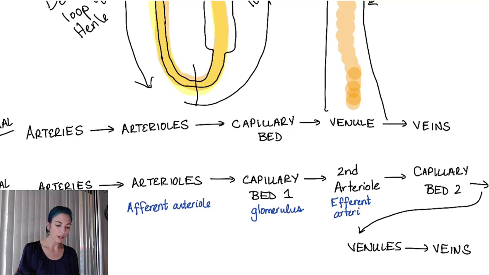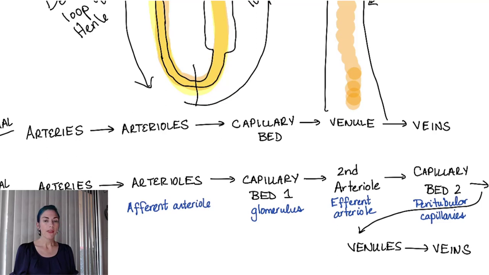And then the efferent arteriole is going to open back up into a second capillary bed that surrounds a lot of the tubules, including the proximal tubule, the loop of Henle, and the distal tubule. And that second capillary bed is the peritubular capillaries. So that's where we are for anatomy.